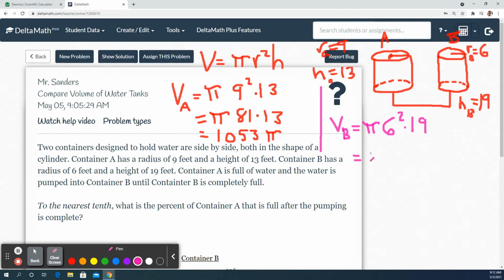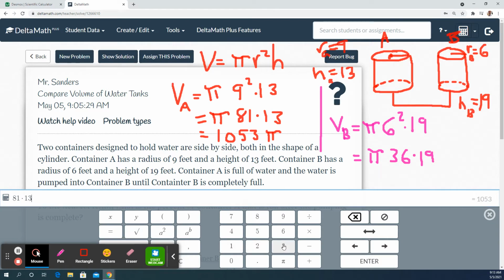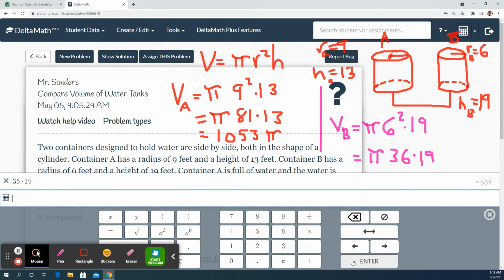It's going to be equal to 36 times 19, which is 684.